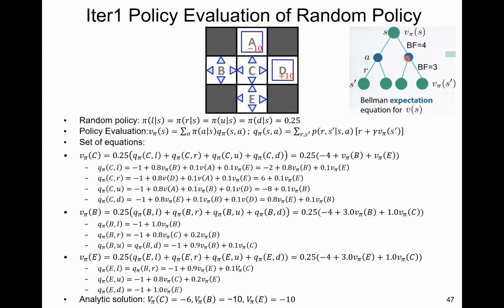Because of the wind or the bad wheel, the exact direction from a state action node to the next state s prime is not determined by the agent. It's determined by the environment.